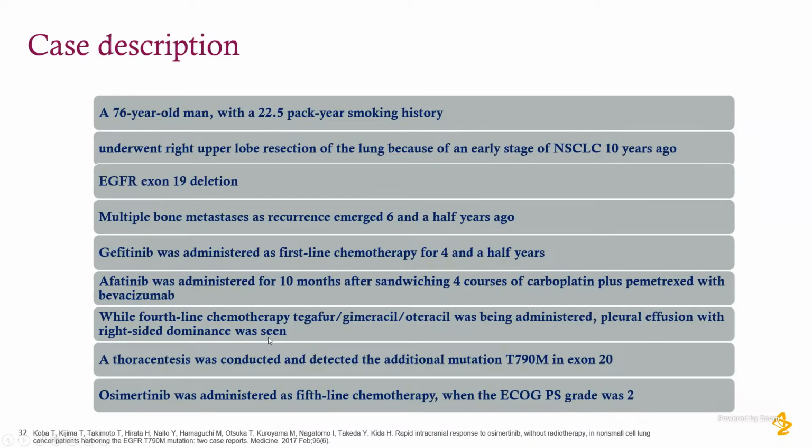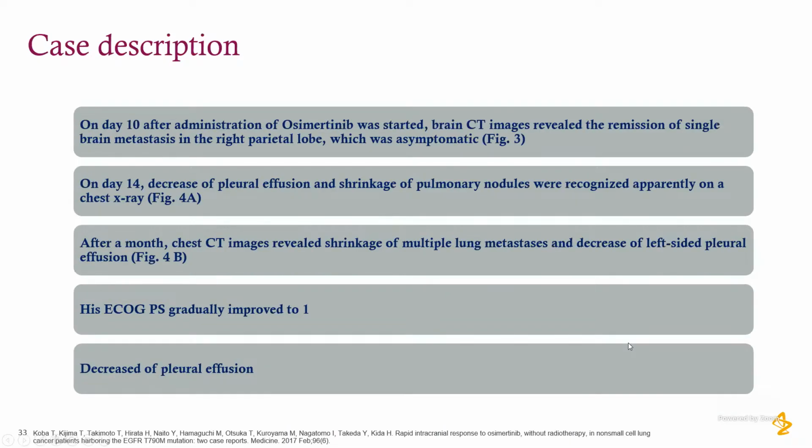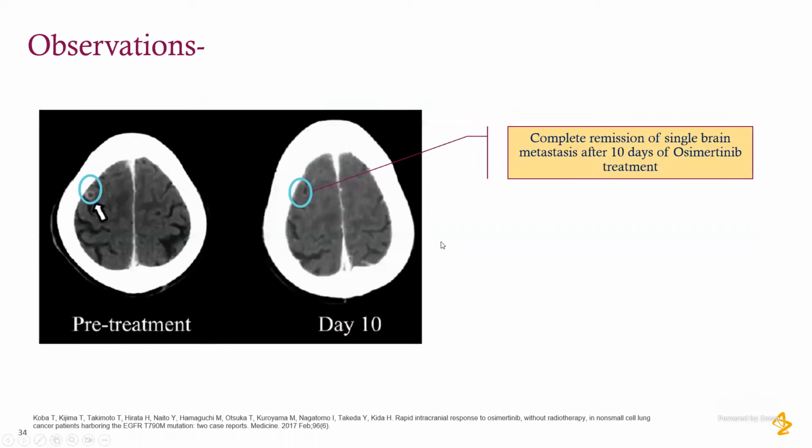Then a biopsy was done, and an additional T790M mutation was seen. Osimertinib was started as fifth line, and after 14 days there was shrinkage of the pulmonary nodule and disappearance of pleural effusion. So a very good response.